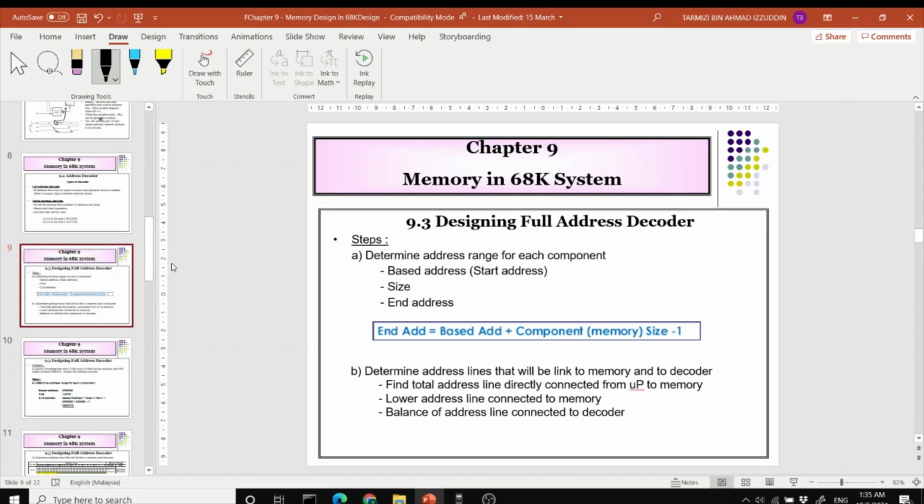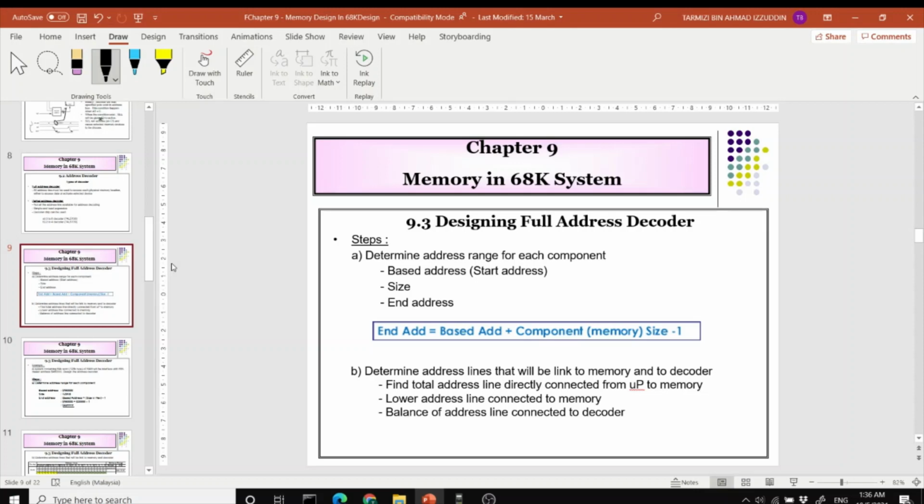Then you need to specify the size of the address space that you want to allocate. Lastly, the end address can be calculated based on the base address and the size of the memory, the size of the memory minus 1. That's how you figure out your end address.